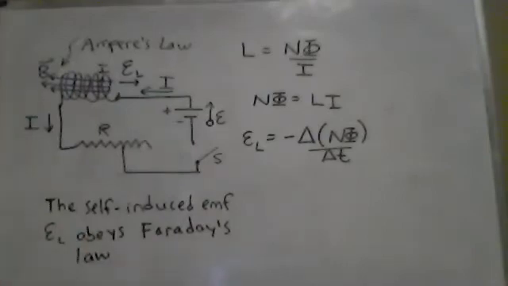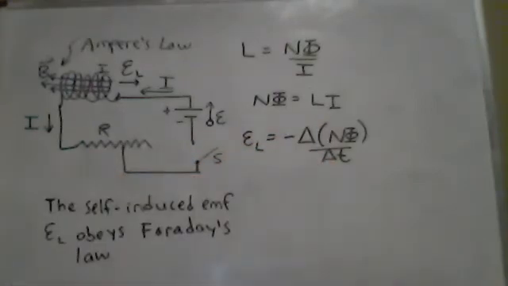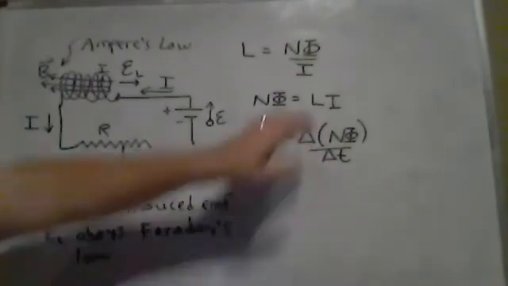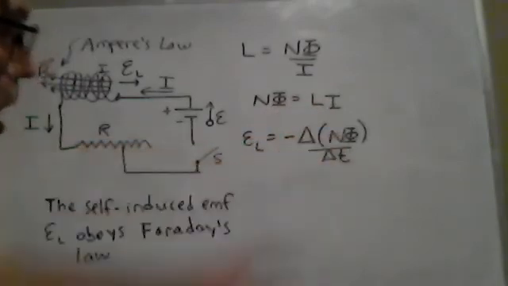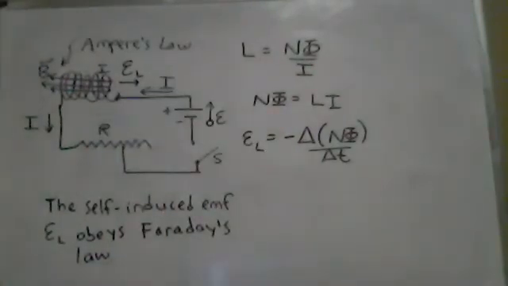So look at this. I have N phi in the parentheses here in the time rate of change operation. Well, I can substitute that directly with L I, from the definition of the inductance.